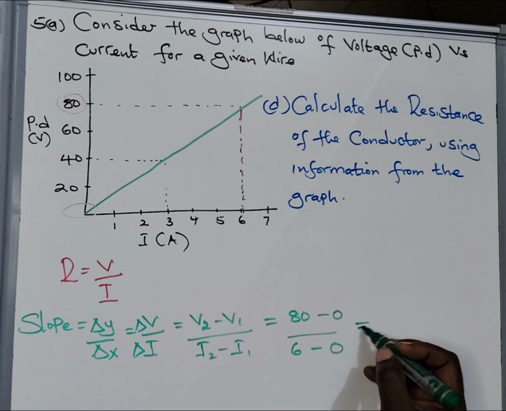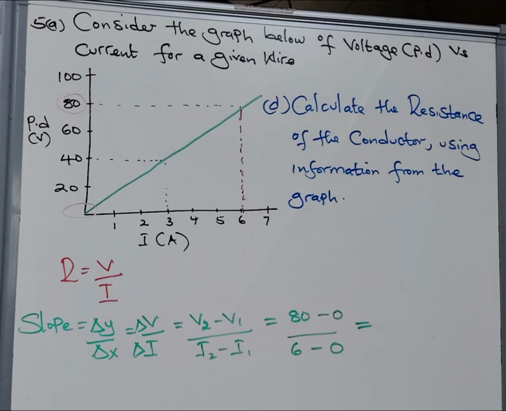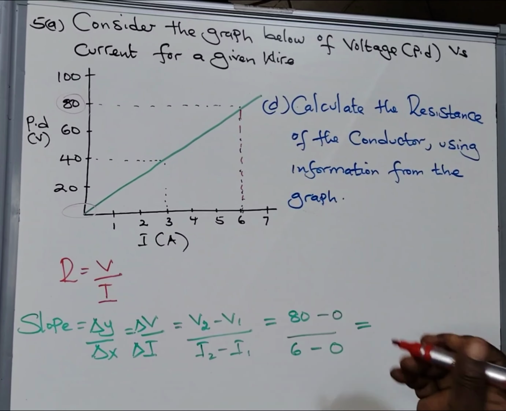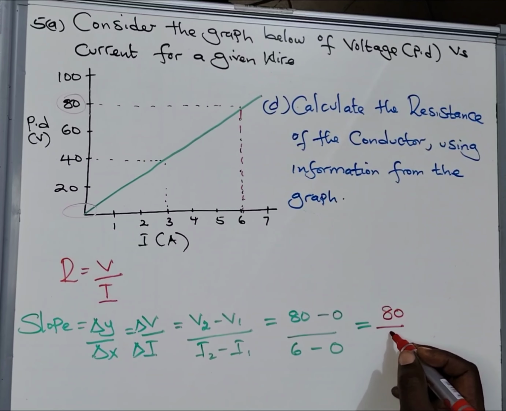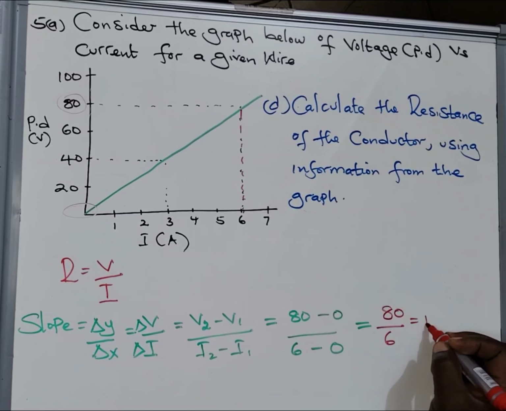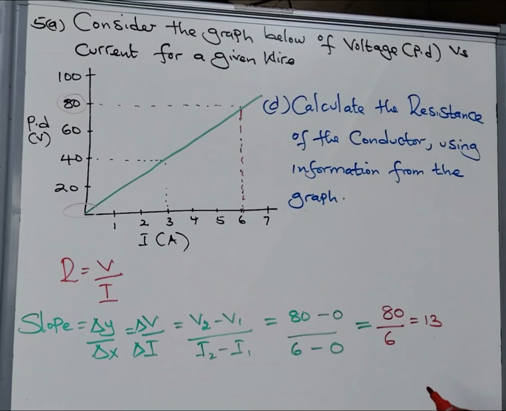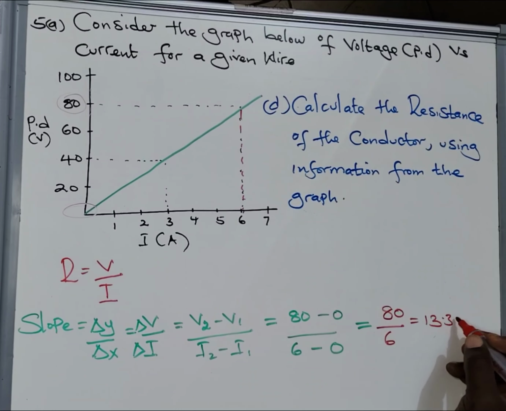What you get out of that is our slope. So we have 80 over 6, which comes to 13.33 ohms.